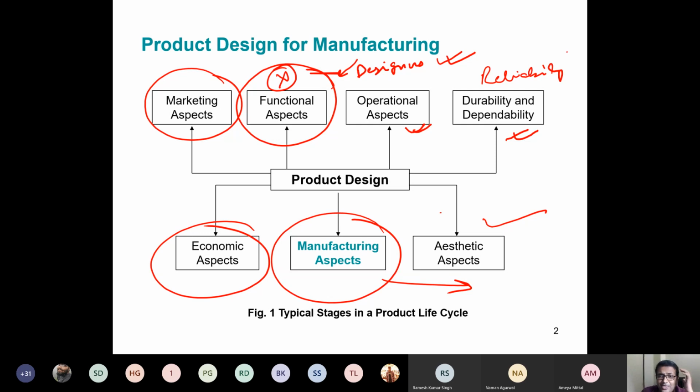Okay, so all these things you have to understand. That's just for aesthetics. Don't specify surface roughness because it will cost. So you have to live with some sort of surface roughness. But if it's a functional requirement, go ahead, specify whatever tighter tolerances or surface roughness are required. Okay.